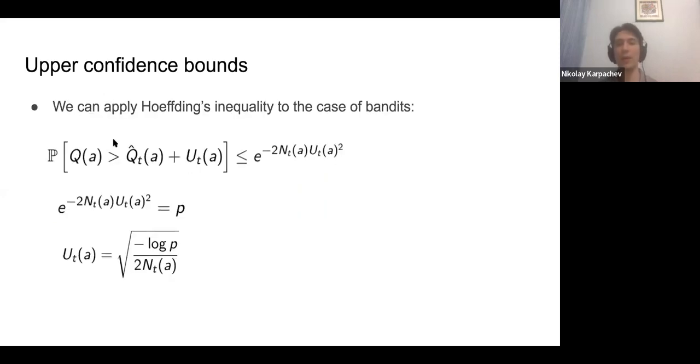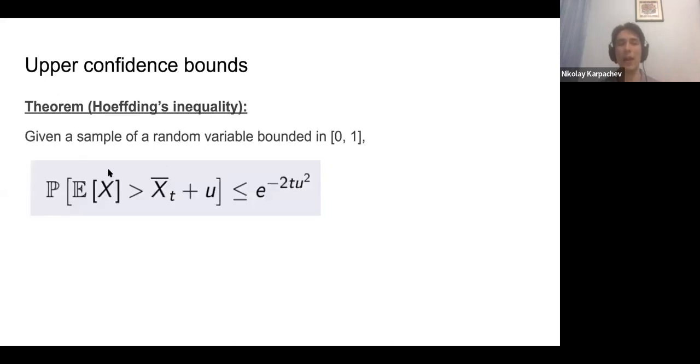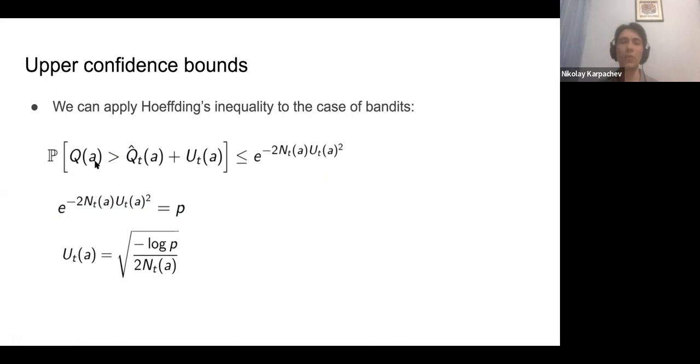So we can apply this inequality for our case. We take x and we substitute x with the q function, q of a. So q of a is our random variable, and we have a sample of it. The sample is the history of our rewards, q with t index.